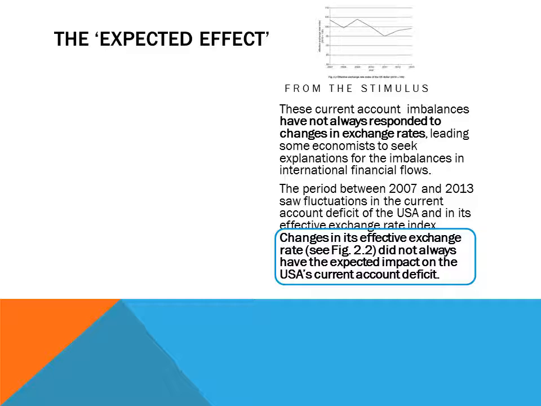And this ties in nicely with the hint in the stimulus that it'll talk about why a depreciation in the exchange rate should affect your balance of payments situation. The stimulus says changes in the effective exchange rate of the United States, see figure 2.2, did not always have the expected impact on the USA's current account deficit.